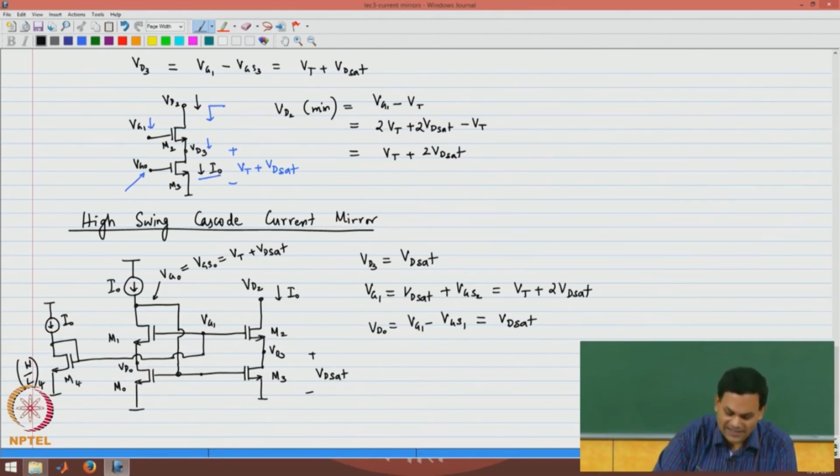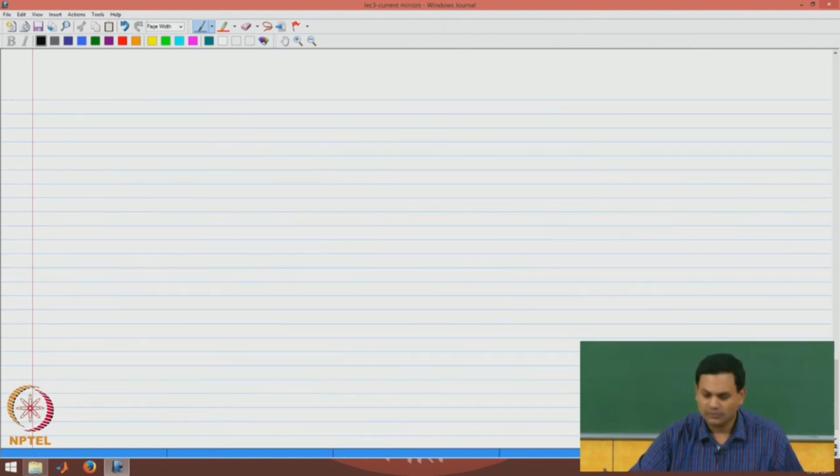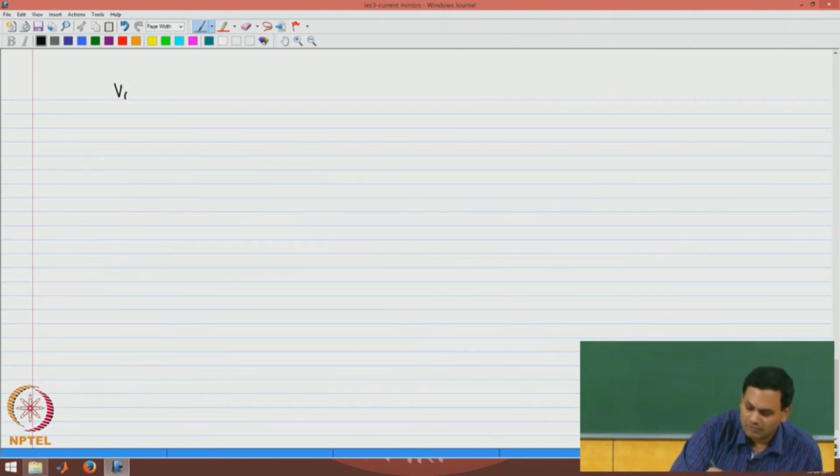What about the size of M4? We will choose W over L of M4 such that Vg1 is equal to Vt plus 2 Vd sat. So, I am going to write down the relationship for M4.